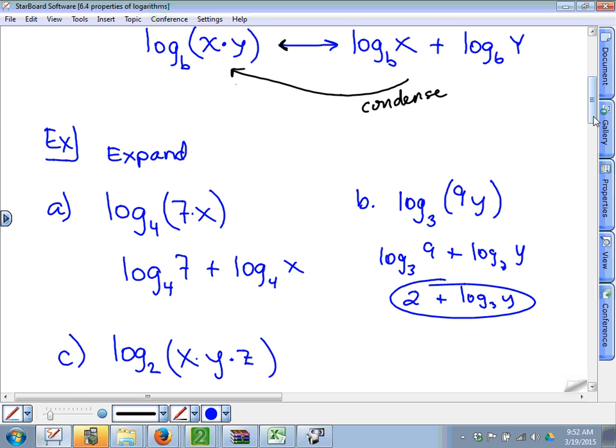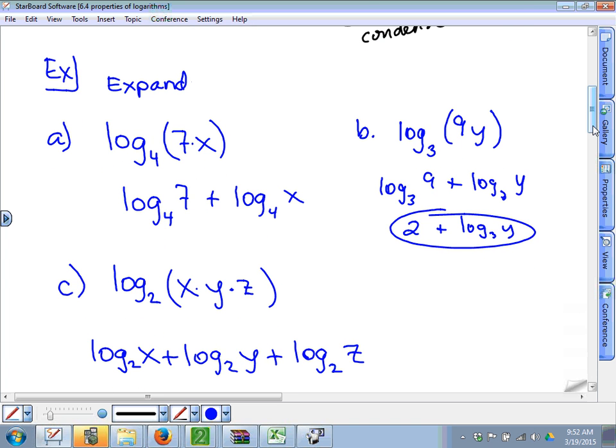So check it out. Log base 2 of x plus log base 2 of y plus log base 2 of z. I'm emphasizing the word plus because on exams, a lot of students will put multiply signs here and here. That's incorrect. If you're expanding a product, you have to use addition signs.